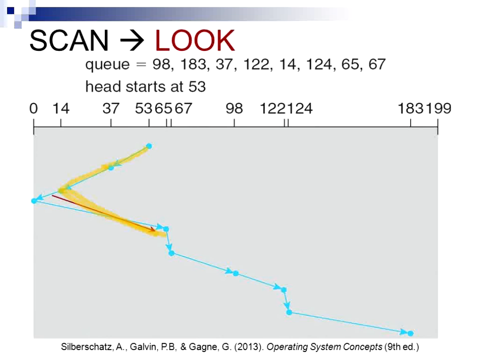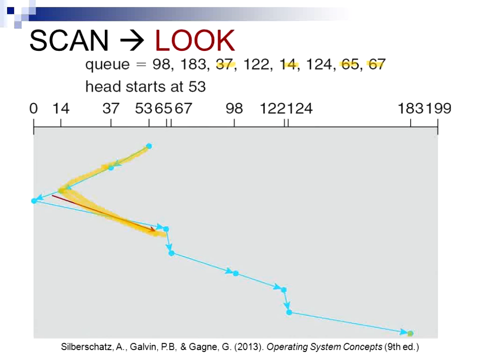And that's what look does. Okay, so in this case it would go from 53 down to 37, then to 14, and there's nothing between 14 and 0, so it would turn around and start going in the other direction and then go to 65, 66, and so on until it got to 183. Now there's probably more things to read after this. This is just a snapshot of what's in the queue.